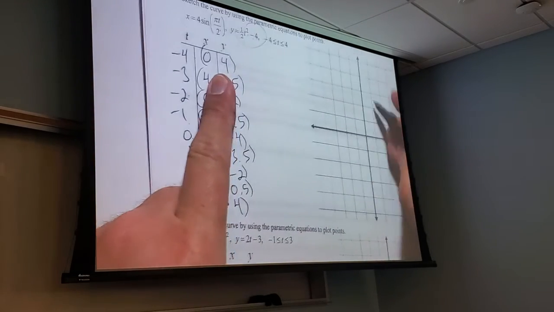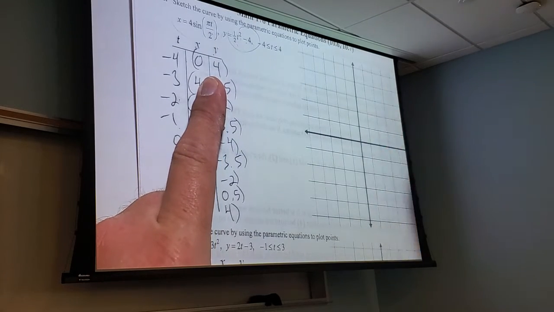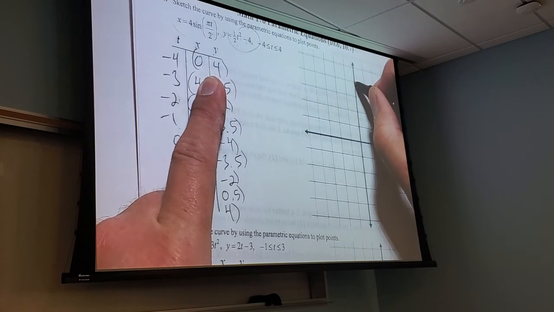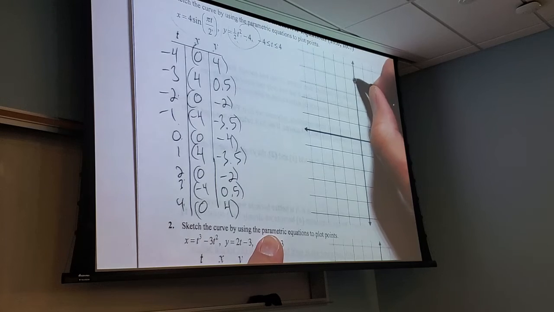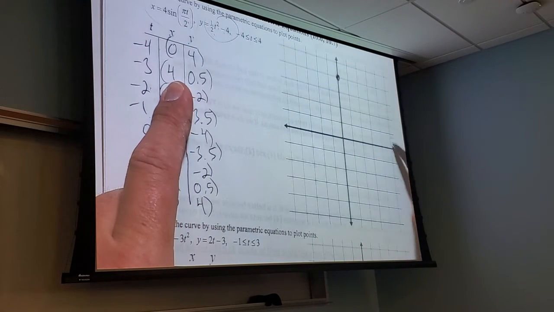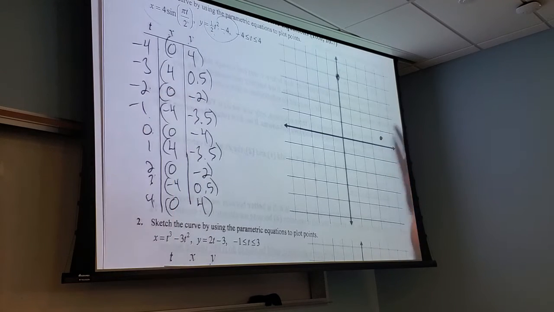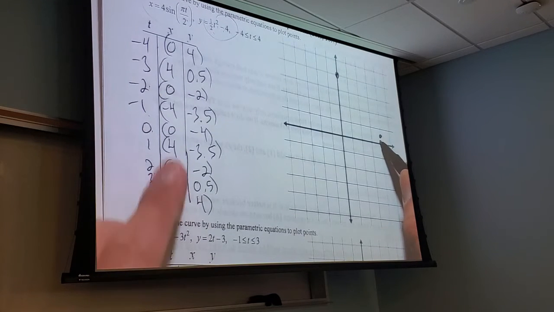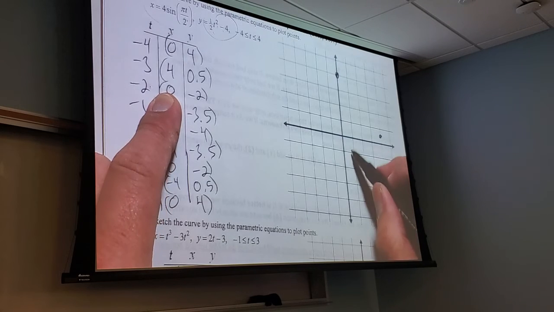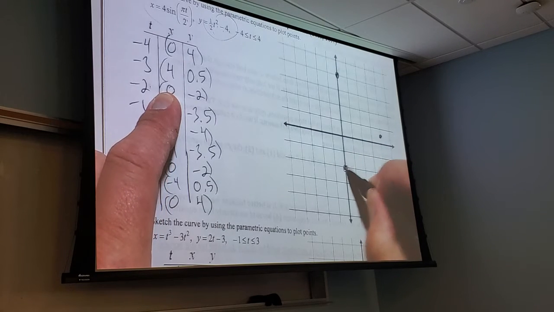So 0, 4. So we're just going to use a one scale here. 0, 4. 4, 0.5. Is that cool? 4, 1/2. 0, negative 2. Let me kind of keep track of what's going on here.